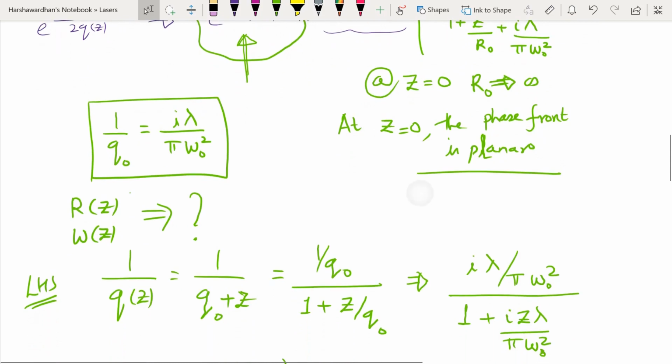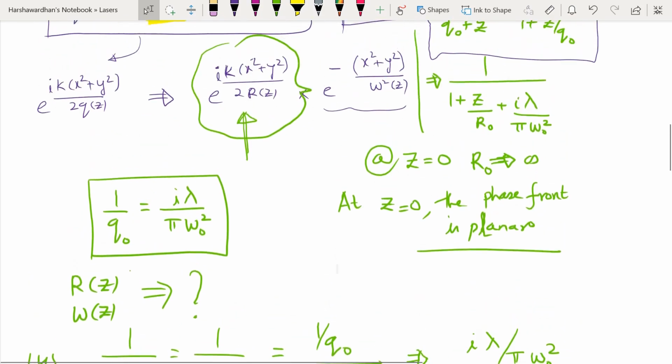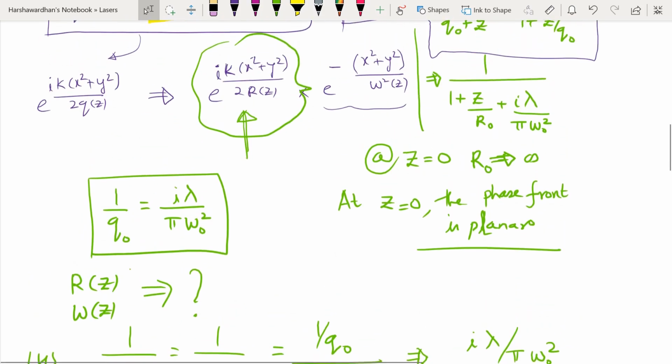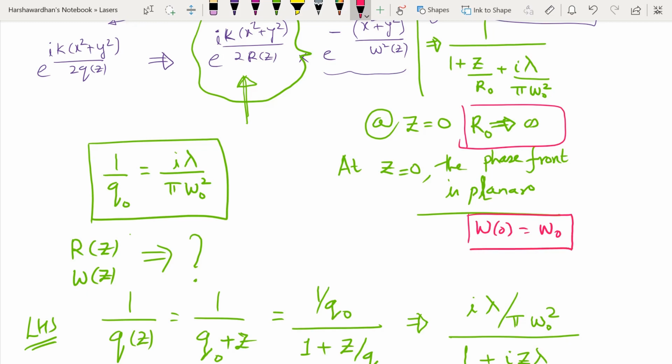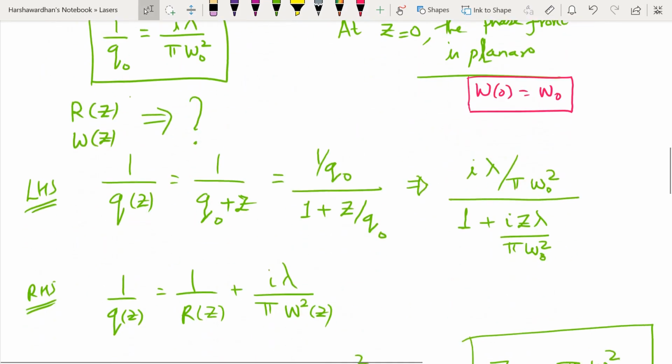Now let's see what R and W are as a function of Z. We know that at Z equal to 0, R of 0 is infinity, correct? And at Z equal to 0, W of 0 is simply W naught, that is the width of my Gaussian beam. Now what about its Z dependence?